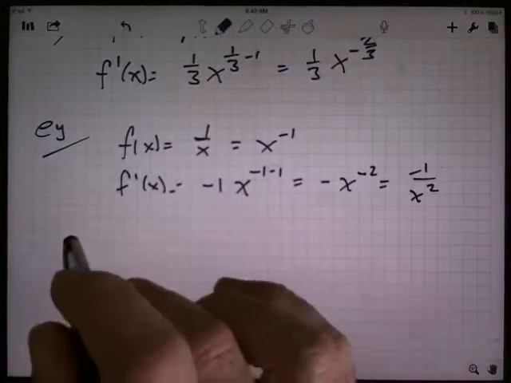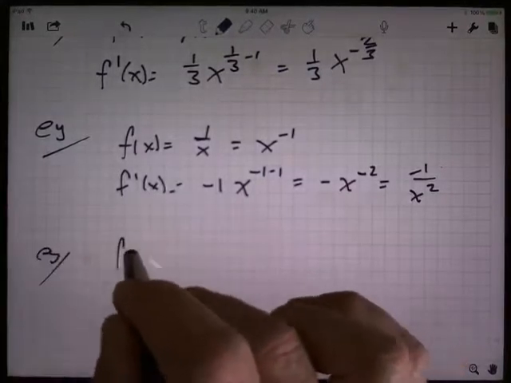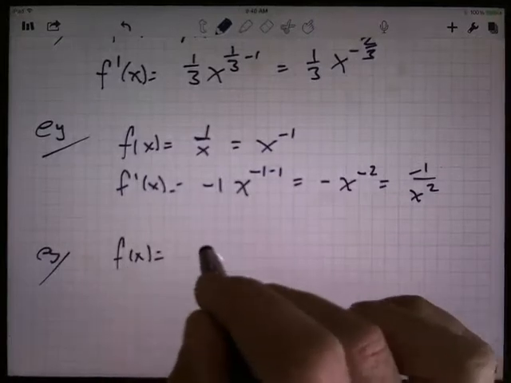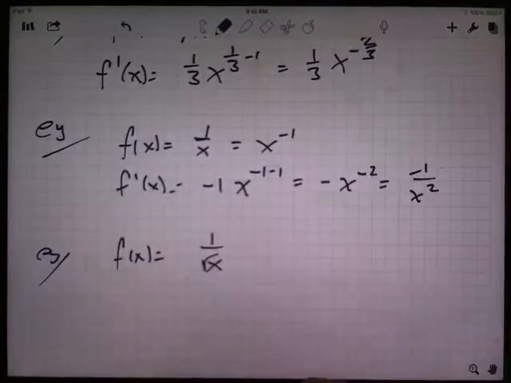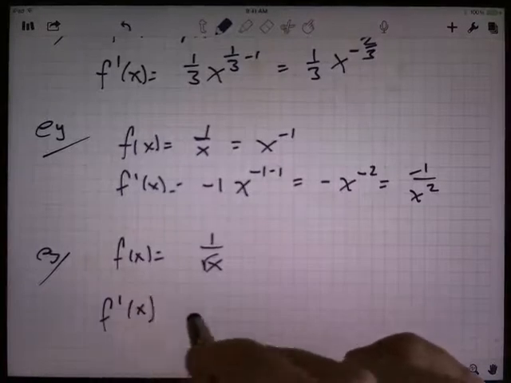Even if you've got both of them going on here, how about f of x equals 1 over the square root of x? How do you take that derivative?